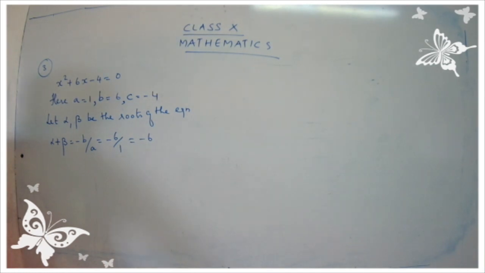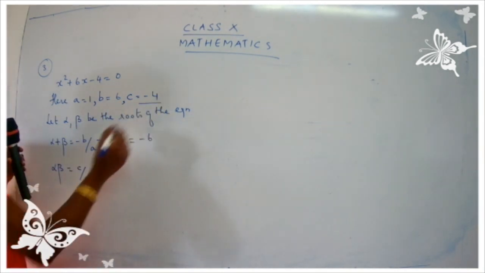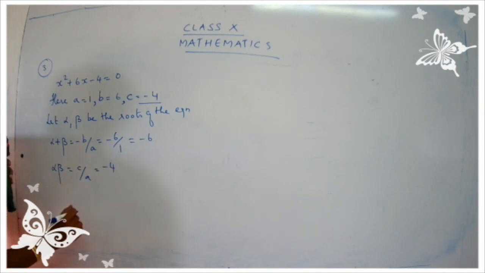Okay, good. Now let's go for the second part. We are going to find out the product. What do you mean by product? Alpha beta. What is the formula for alpha beta? Yes, it's c upon a. We have already found the value for c. What is the value for c? Yes, here it's minus 4.